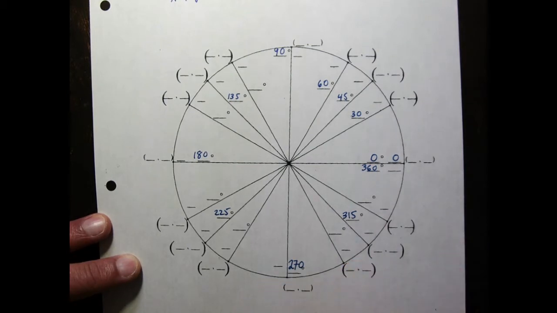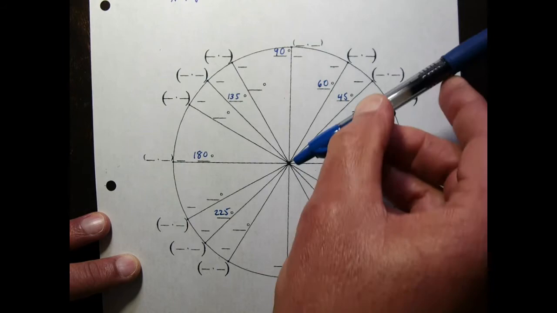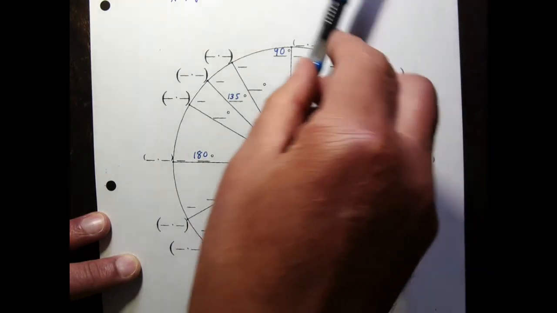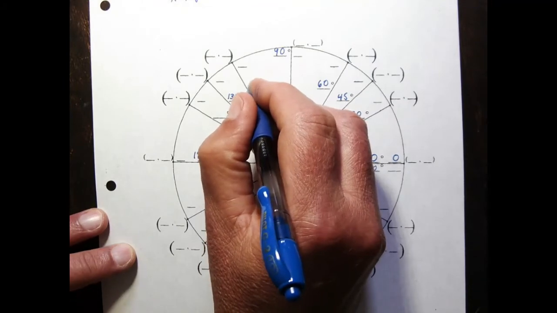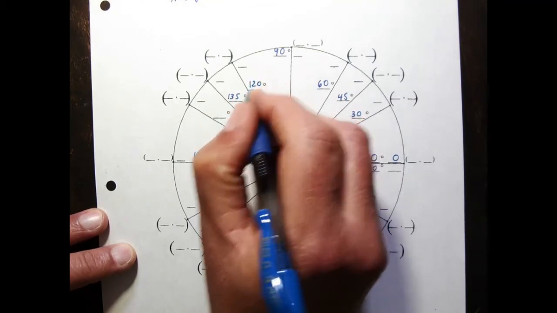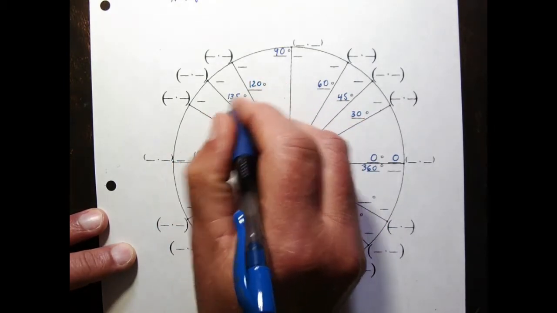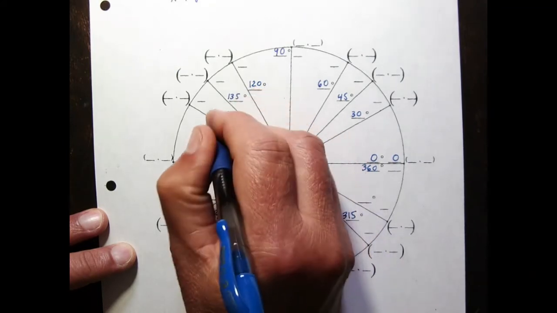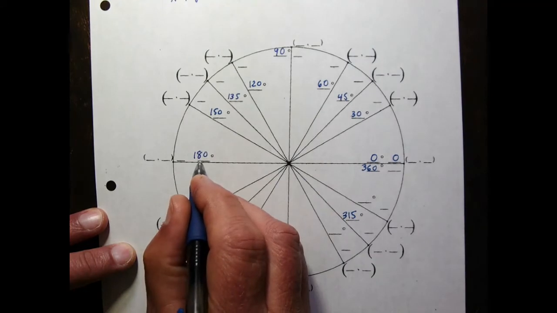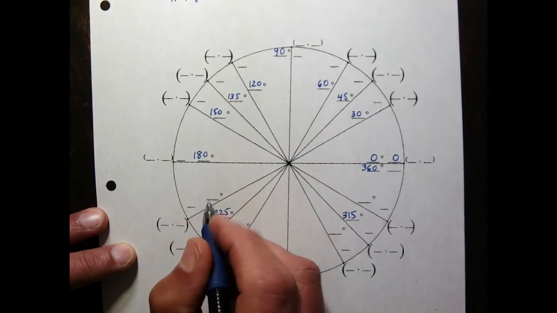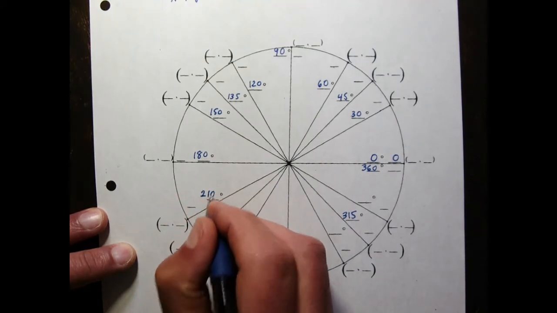So you could count by increments separately. Then you could do 30-degree counts separately. 30, 60, 90. 90 plus 30 degrees is going to be 120. Now I skipped the 135. 120 plus 30 degrees is 150. 150 plus 30 degrees is 180. 180 plus 30 degrees is 210.